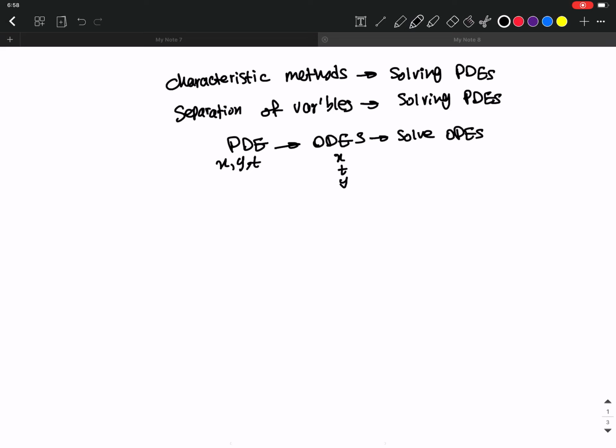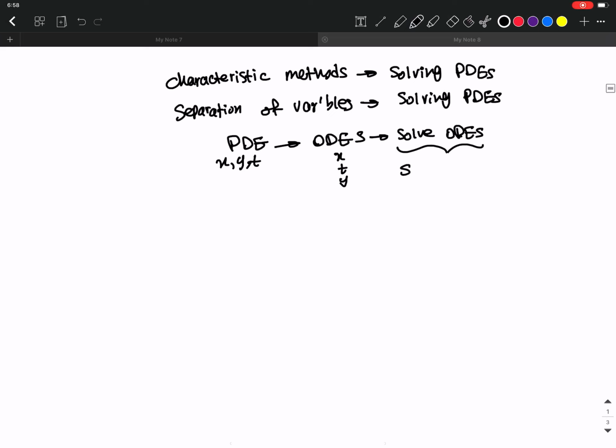ODEs. And for solving ODEs, we are going to use the Sturm-Liouville problem and techniques.